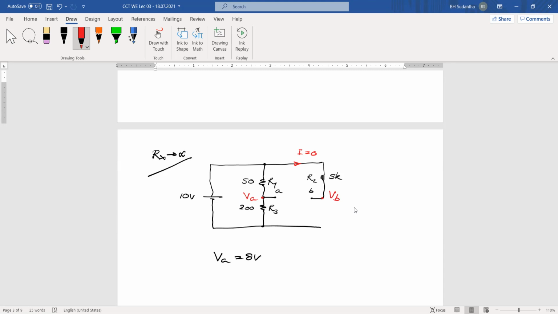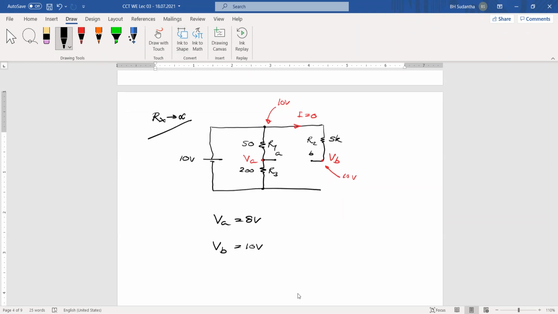Across the resistor there is no voltage drop. Then whatever voltage we have here, 10 volts, we have on this side also. Then VB is 10 volts. Then VAB, VA minus VB, is minus 2 volts.